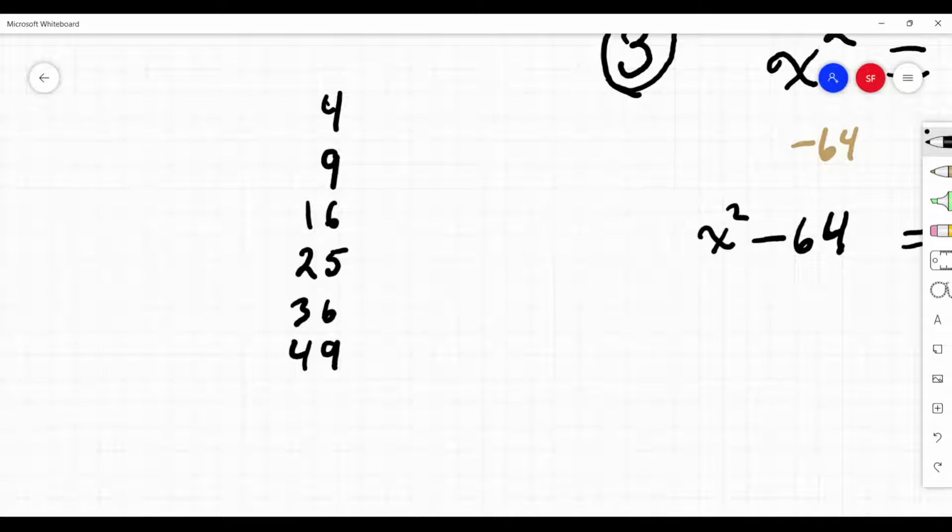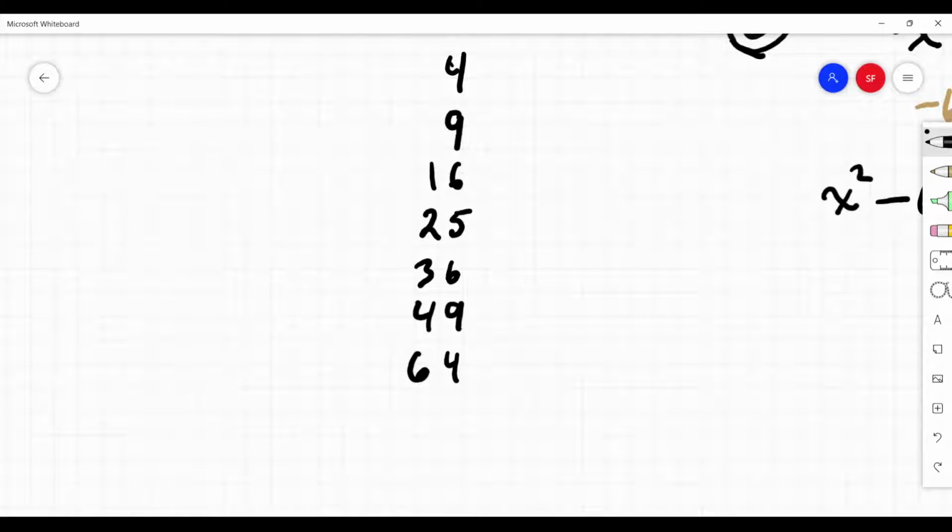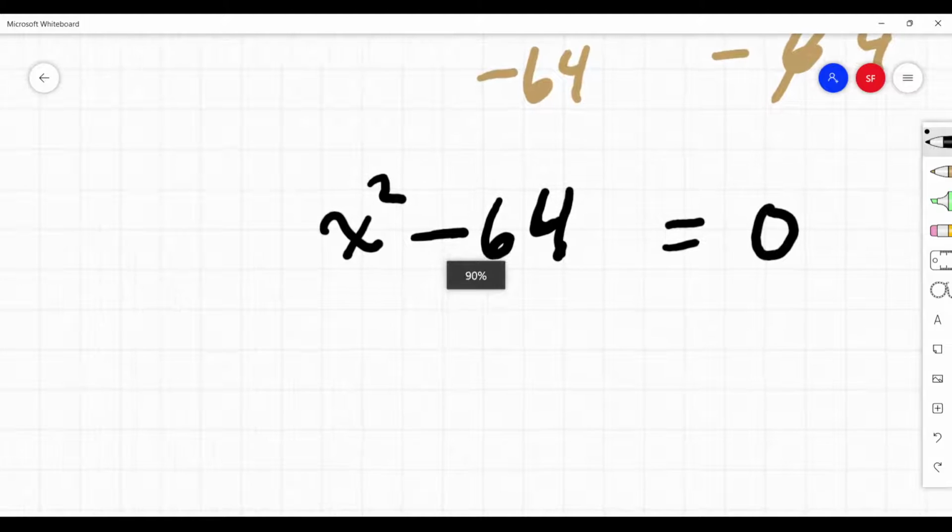Yeah, that's right. 64. 81. And then 100, right? And they would keep on going forever.